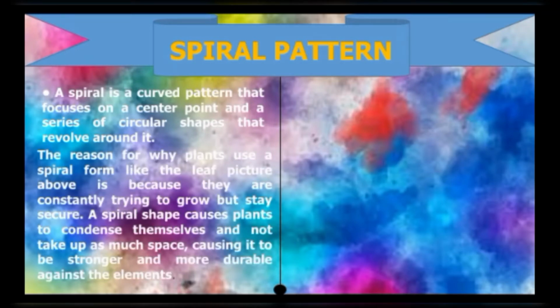The reason why plants use a spiral form, like the leaf pictured above, is that they are constantly trying to grow but stay secure. A spiral shape causes plants to condense themselves and not take up as much space, making them stronger and more durable against the elements.